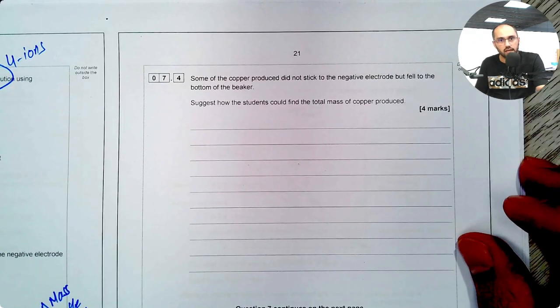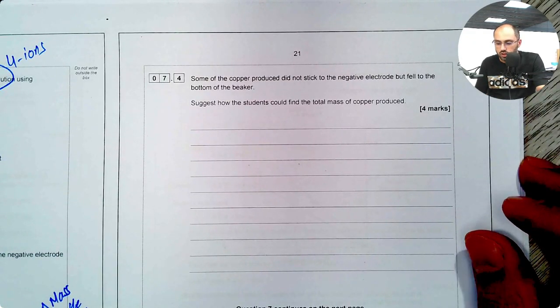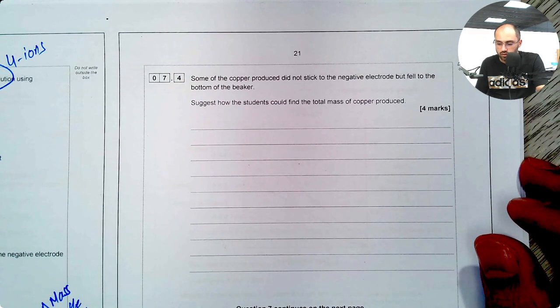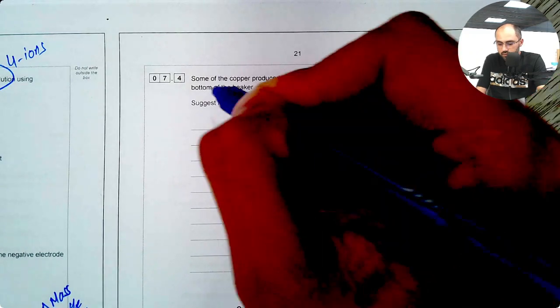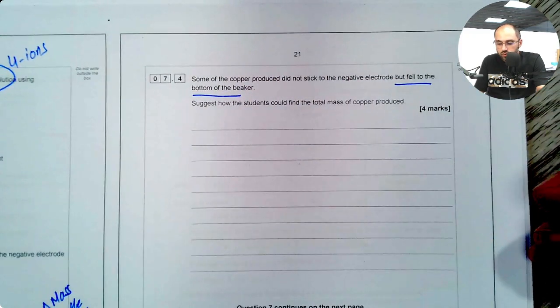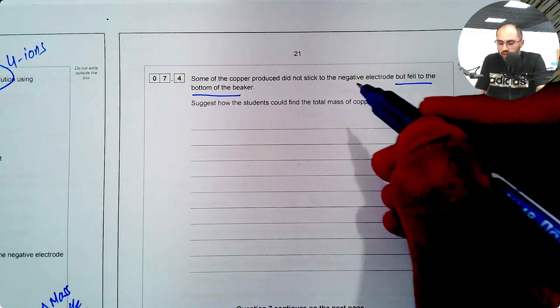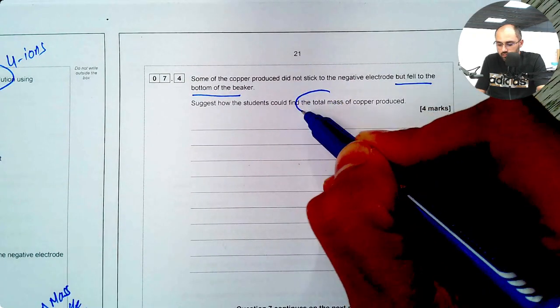The question says some of the copper produced did not stick to the negative electrode but fell to the bottom of the beaker. Suggest how students could find the total mass of copper produced.